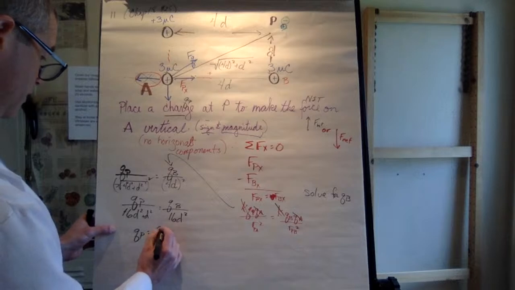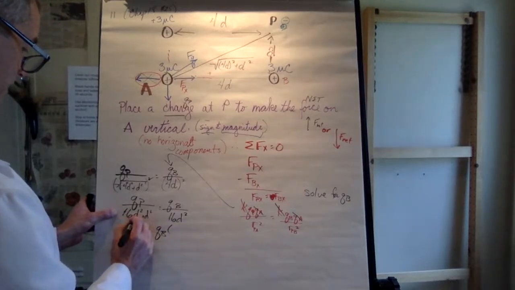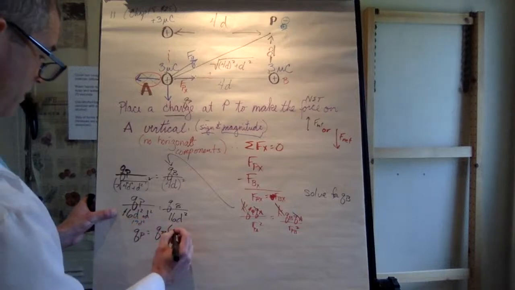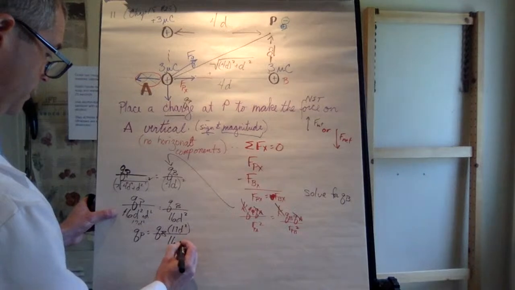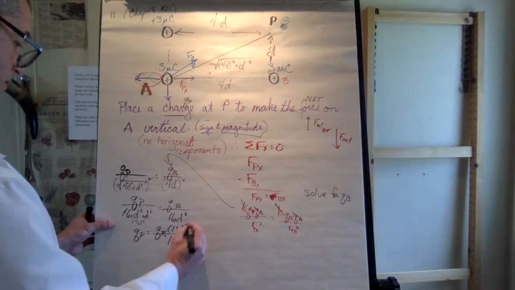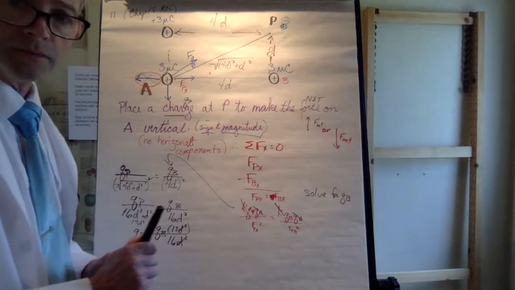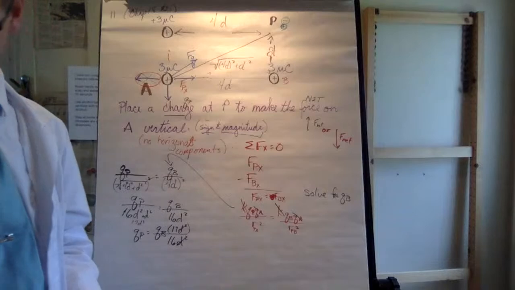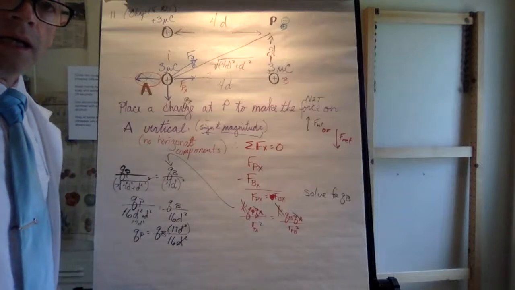QP equals QB, that is 17D squared all over 16D squared. Then the D squareds cancel out. Nice.